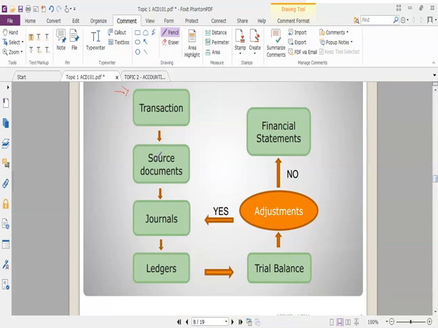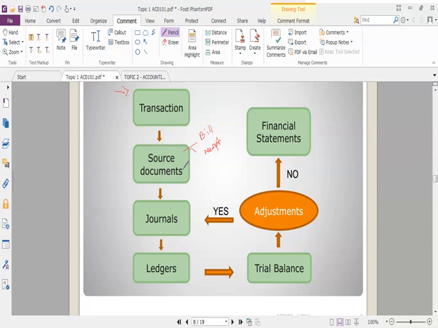Examples of source documents are bills, such as water and electricity bills and the telephone bill, and the receipt that you give to the customer.